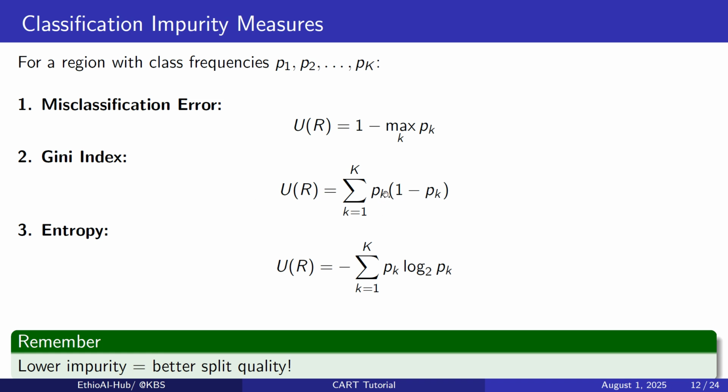So the idea is the proportion of being in class K times 1 minus pk, and sum over that.